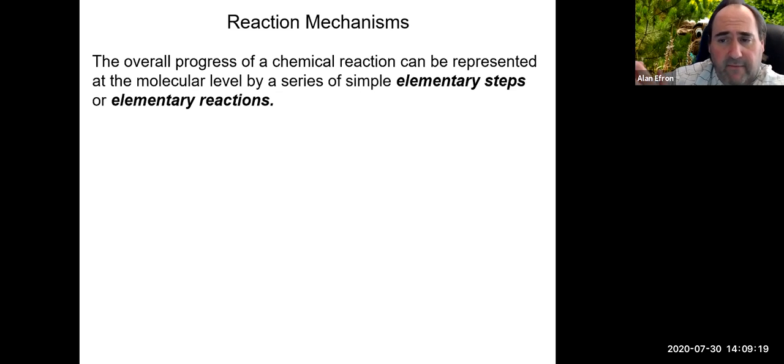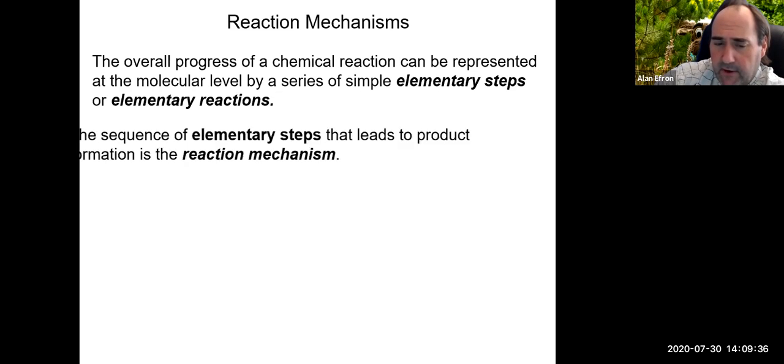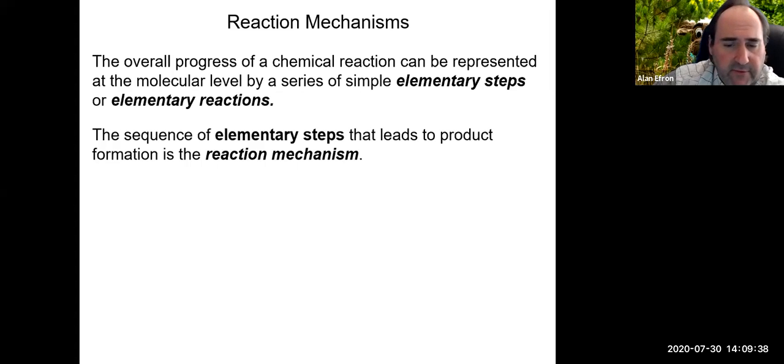So they usually involve adding individual steps together, which are these elementary steps, and they would need to equal the overall reaction that you're looking at. So this sequence of elementary steps leads to product formation and is what's considered a reaction mechanism.